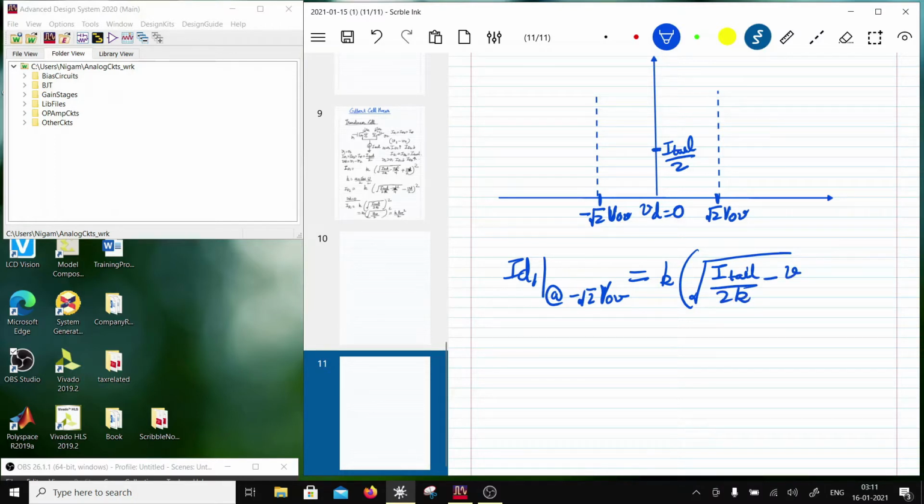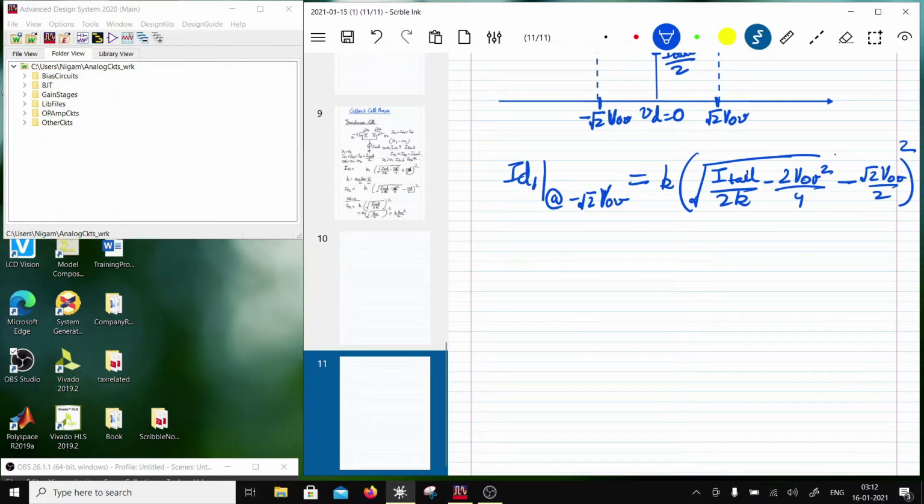So Vd is going to be 2 V overdrive square, so it will be 2 V overdrive square divided by 4, minus root 2 times of V overdrive by 2, the whole square.